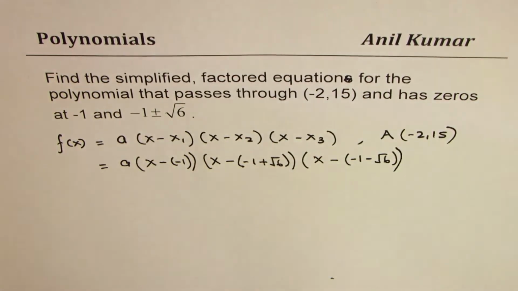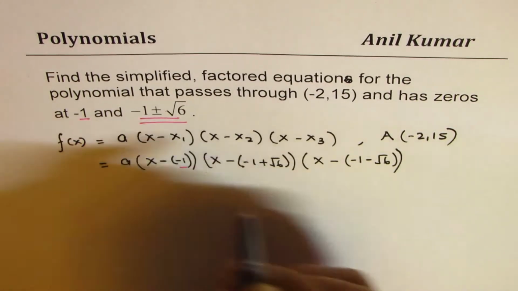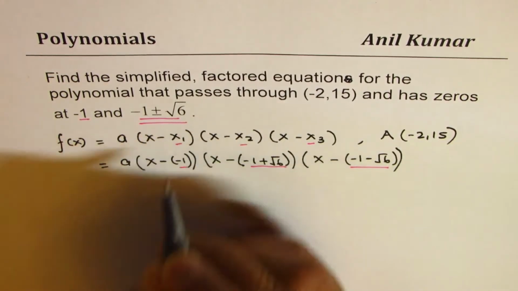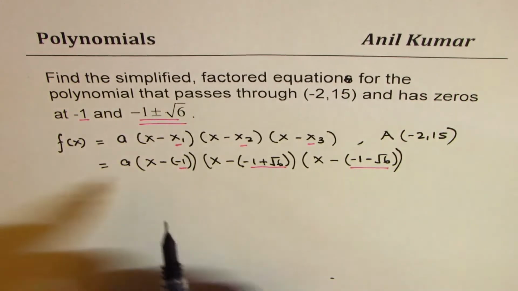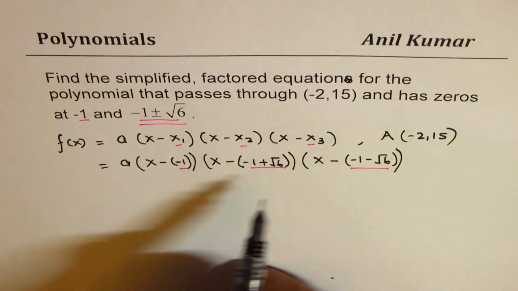So I hope that is absolutely clear, right? So what you notice at this step is that these three zeros, there are two here, are given as x1, x2, x3. So we are expecting a polynomial of degree 3, that is a cubic equation.